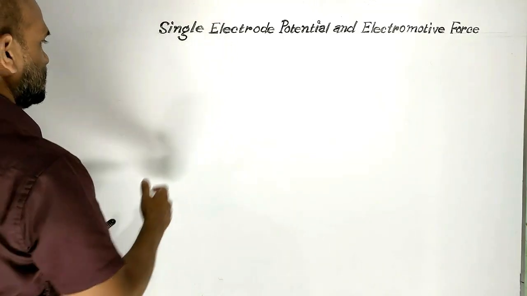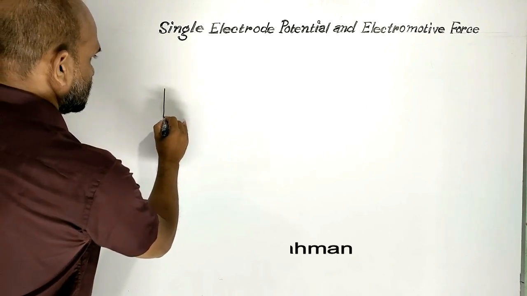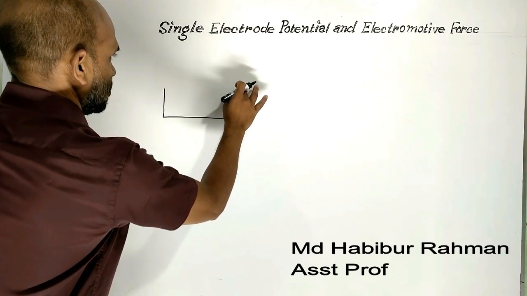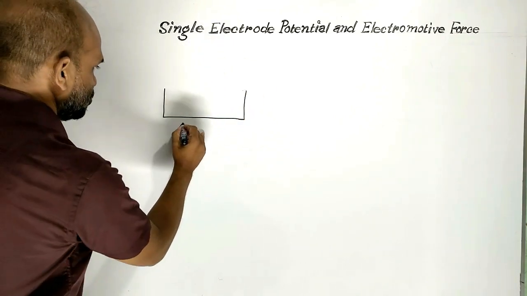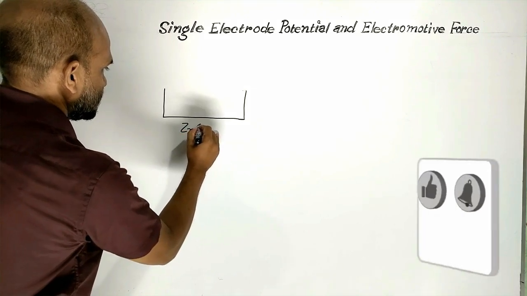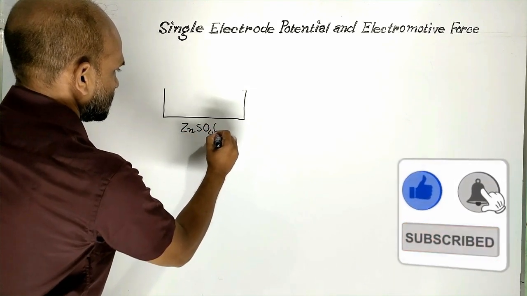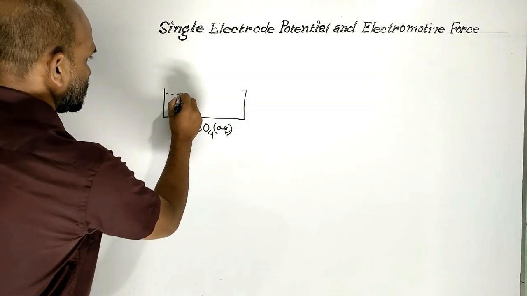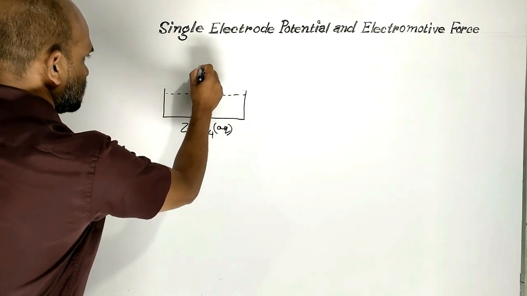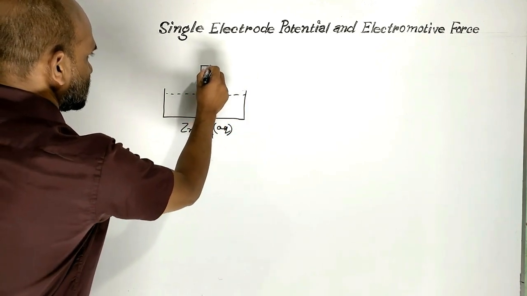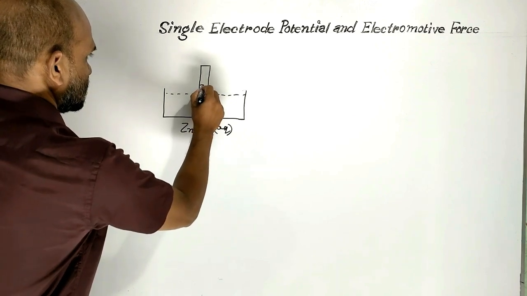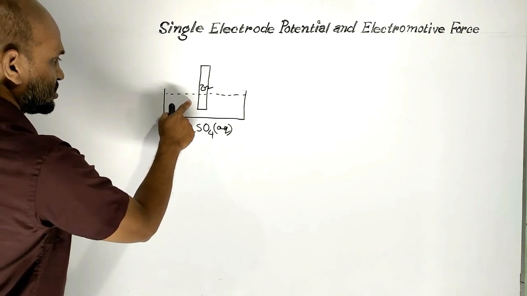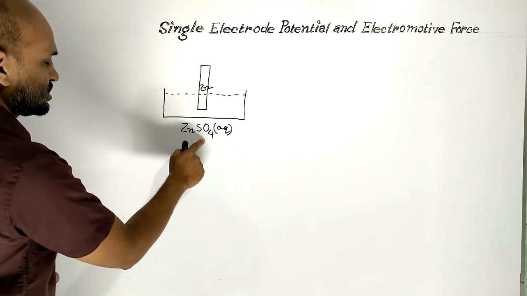Single electrode potential. Let us consider this is a vessel, glass vessel or ceramic vessel, in which solution of zinc sulfate has been taken. In this solution, a metallic strip of zinc is partially submerged in the solution of zinc sulfate.